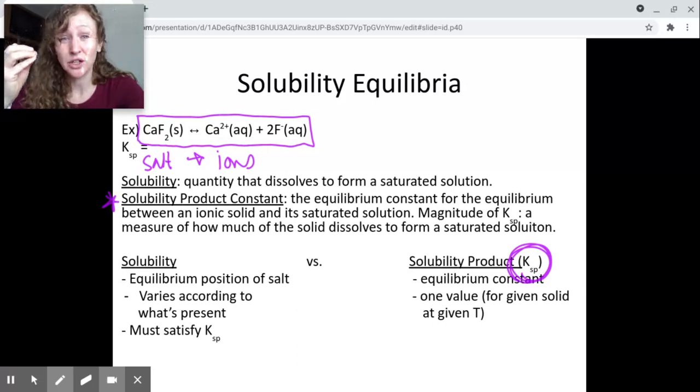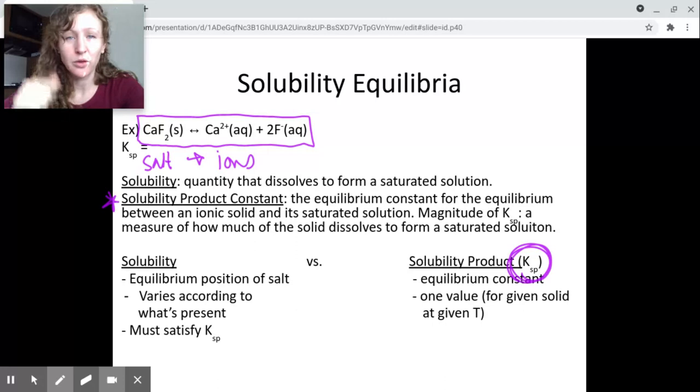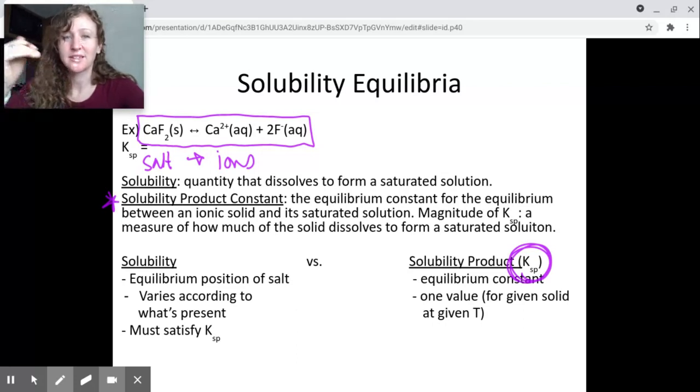But as long as you can understand the name, you remember the name, it's a very typical K, no surprises. You do have to remember, though, that solids and liquids do not affect your K. Remember, their concentration is essentially 1, right? And so their concentration doesn't affect the K equation.